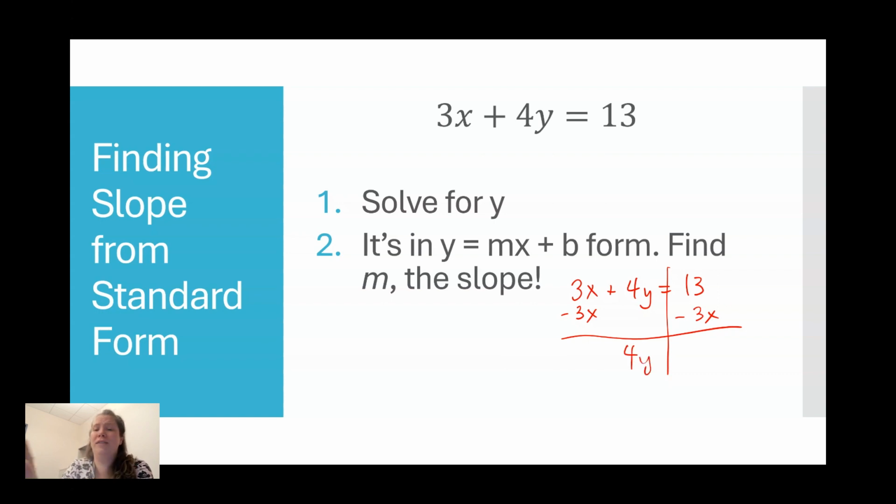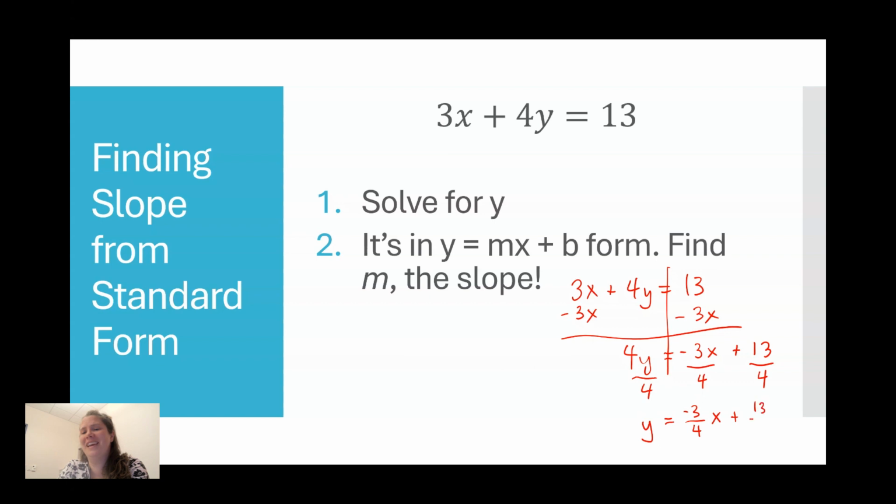One has an x and one is just a constant. So we can either write this as 13 minus 3x, or we could write it as negative 3x plus 13. I'm doing that way this time just because I want it to be mx plus b, but we'll see as we go on that you don't have to write it that way. All right, now I'm going to be lazy and say negative 3/4 x plus 13/4.